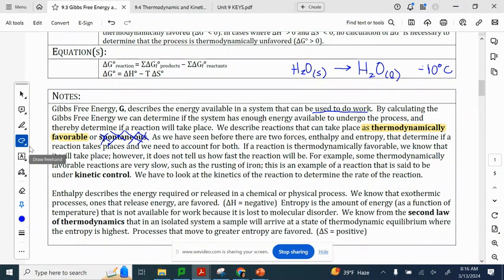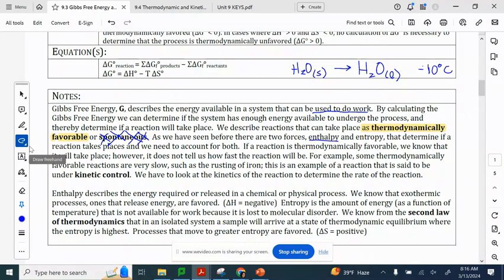This is what they want when you're writing it out, because this is commonly something that you'll see on an FRQ, where you have to be able to justify if the reaction will happen or not. And you have to say if it's thermodynamically favorable or not. All right. So we have two forces at play.